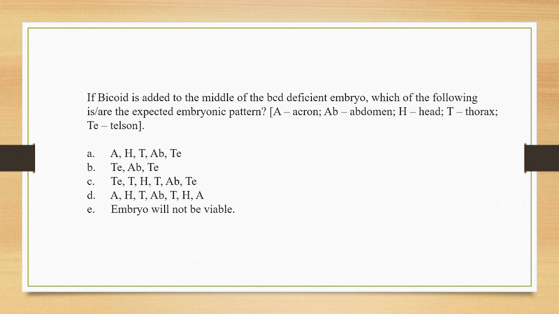Try to make a diagram of what happens in the wild type condition, and then try to compare it with the mutant one. So if you know how it works in the wild type, then it would be easier for you to solve this question. 1 minute more. Your time is over. Okay, fine. I'm going to switch the screen now.